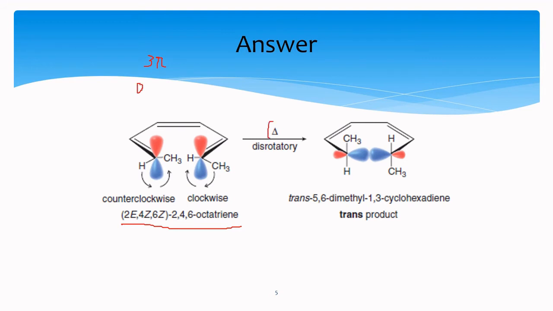When it undergoes thermal odd, it undergoes disrotatory fashion. So what happens when you have this disrotatory? One will go clockwise, one will go counterclockwise. This group will go down and this methyl group will go up. So you will get a trans product.